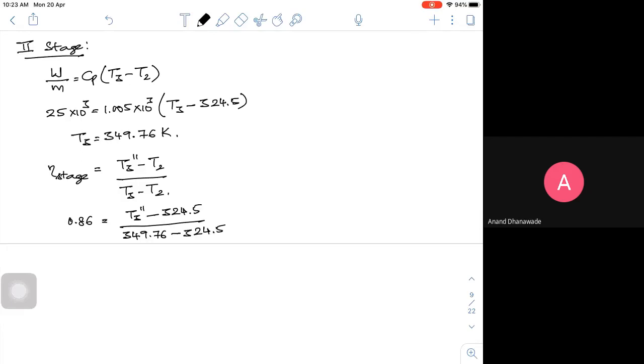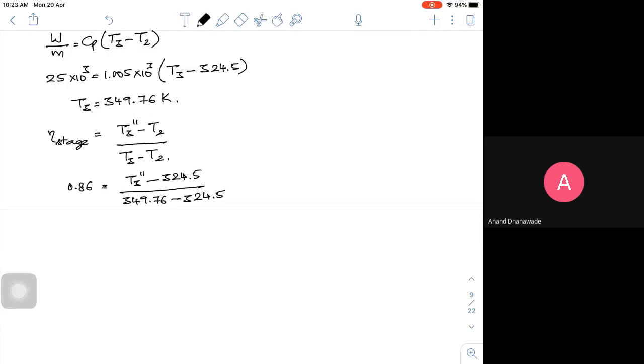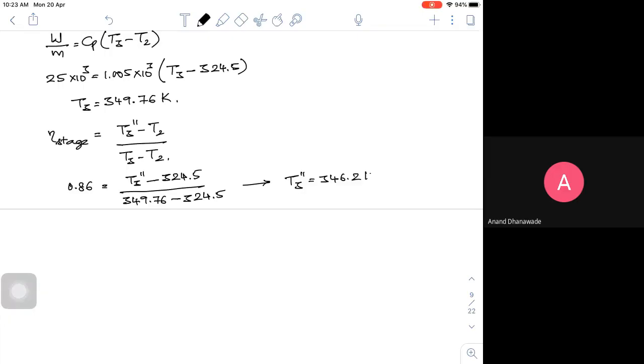So if I substitute everything, it is 0.86 into 349.76 minus 324.5 plus 324.5. If I do, I am going to get T3 double dash is equal to 346.2 Kelvin, which is less than your T3.